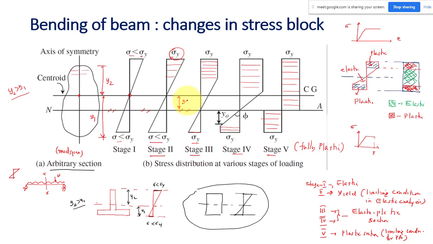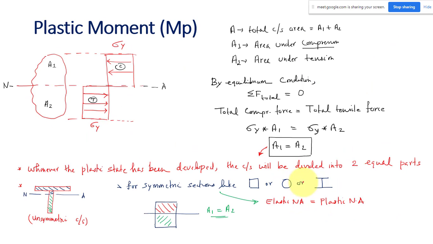So what you have to do is locate the centroid, that is your elastic neutral axis, and locate the plastic neutral axis by using the condition A1 equal to A2. We can just equate the areas and locate where this axis will be. Then we can find the gap. Okay, that is how you have to solve it. So at the plastic stage, the cross section will be divided into two equal parts. If the cross section has symmetry, the elastic and plastic neutral axis may coincide, otherwise they may not. Okay, that is the point.